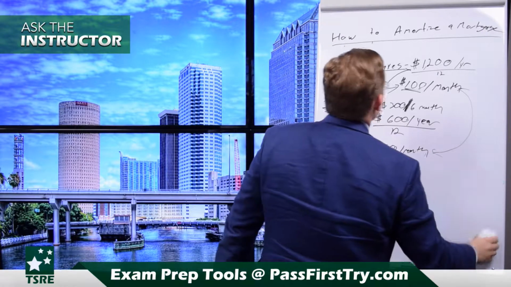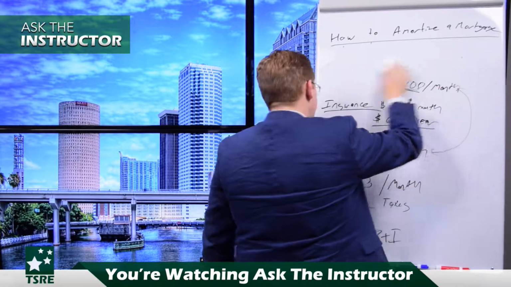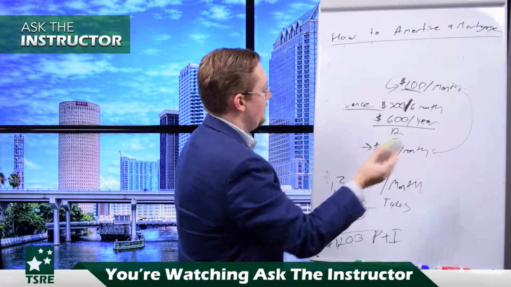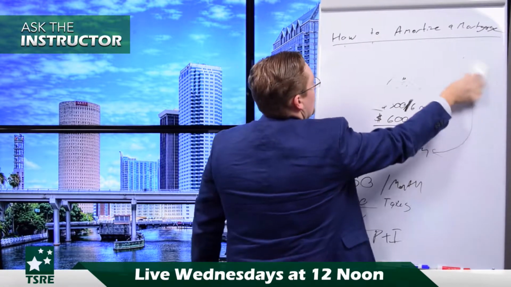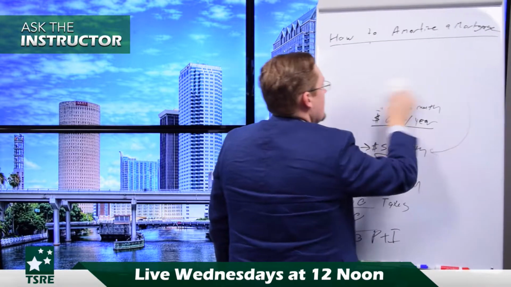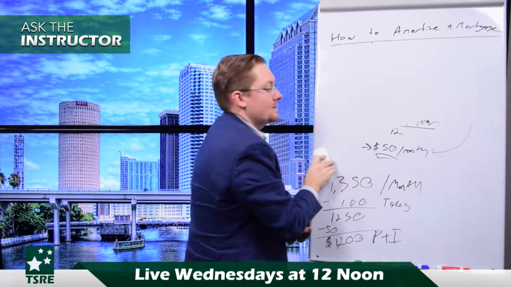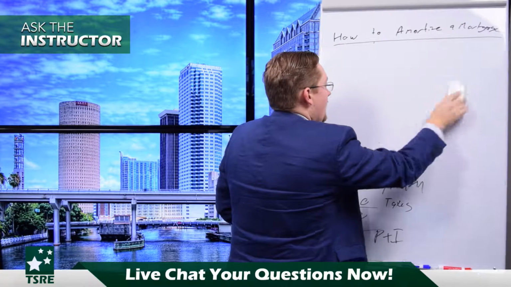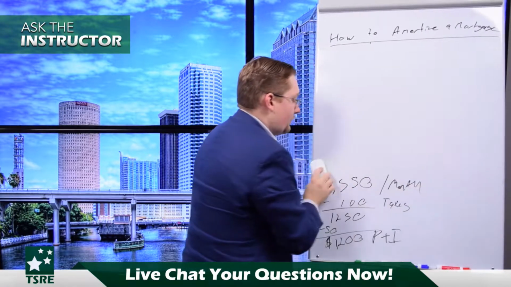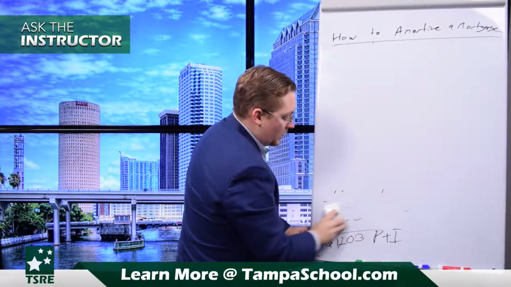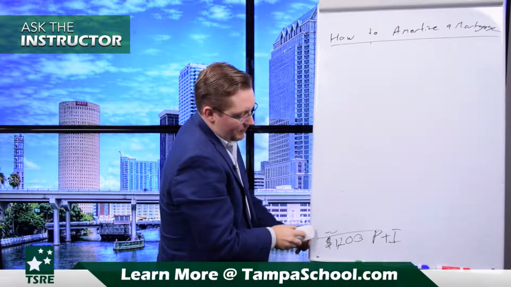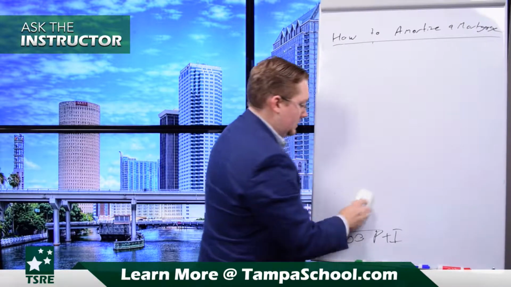But let's go ahead now and break down the amortization. So we've gone through and we just took out the amounts for our impound account, which is for our property taxes and our insurance. The reason why we always have to take that out before we do any calculations is we only want to be dealing with the dollar amount of our monthly payment that deals with principal and interest.